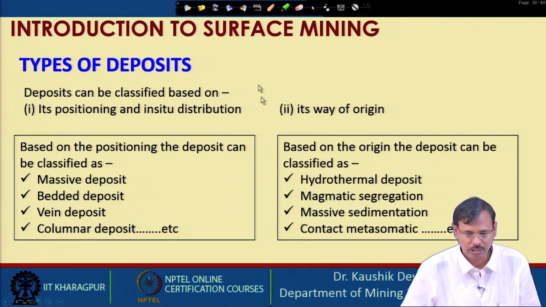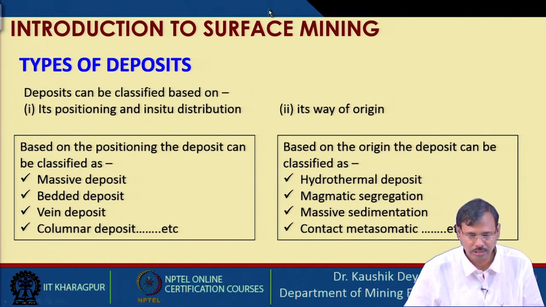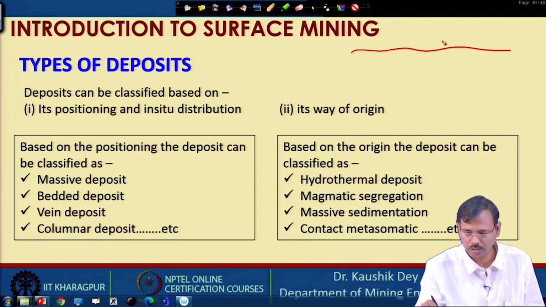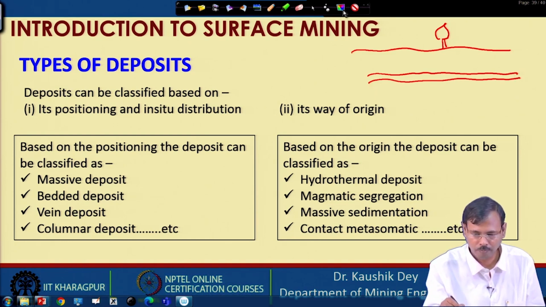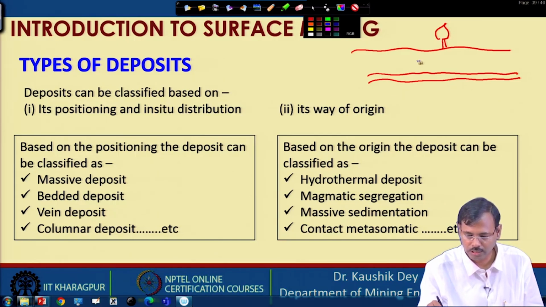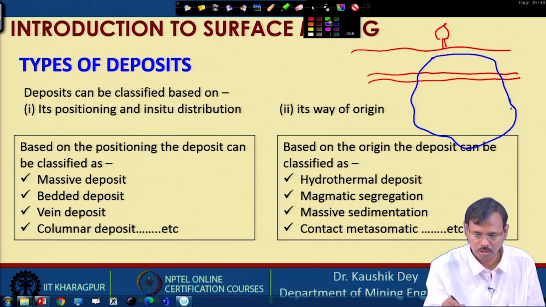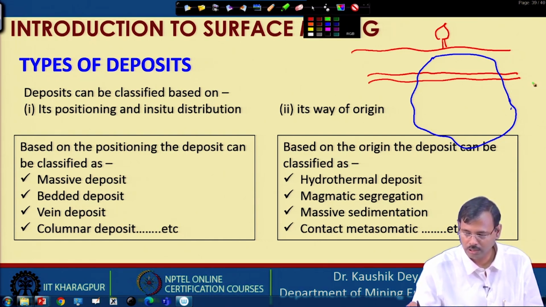So, that means the way the mineral is lying. Suppose this is the earth crust, and below which a mineral may lie like this, a mineral may lie like this, or a mineral may lie like this.